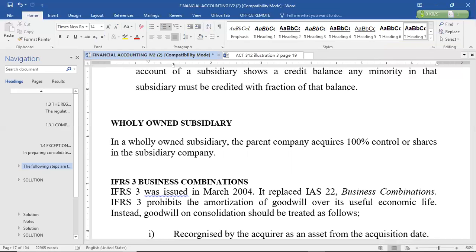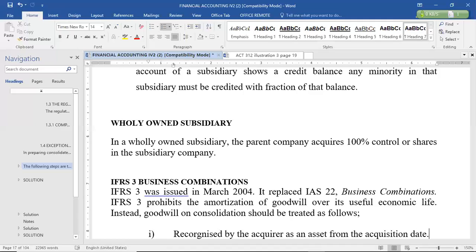In an attempt to do that, there are instances where a parent might have all, 100%. And when a parent is buying 100% of the voting right of the subsidiary, then that parent has wholly owned the subsidiary.